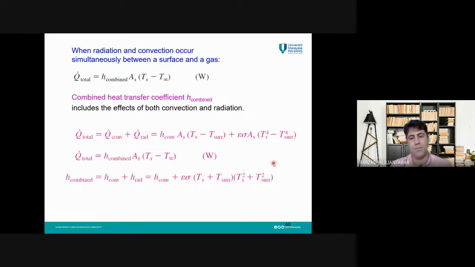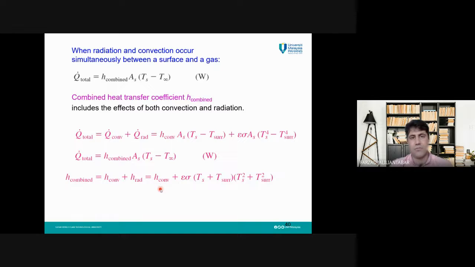I'm not going to go to the detail for calculation of this equation. If you are interested, you can try or even we can discuss about that later. But simply, you need to know this H combined can be calculated by this equation. Usually TS is known, T surrounding is known, and epsilon is for the surface. If the surface type is given, then you know how much is epsilon. Sigma is constant.